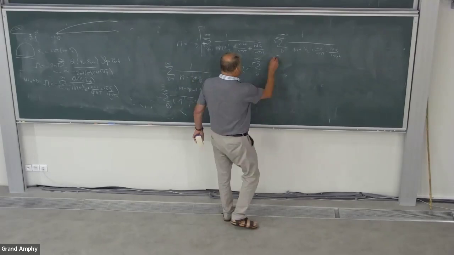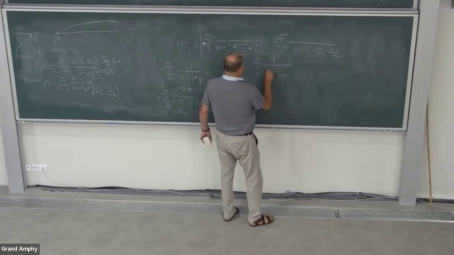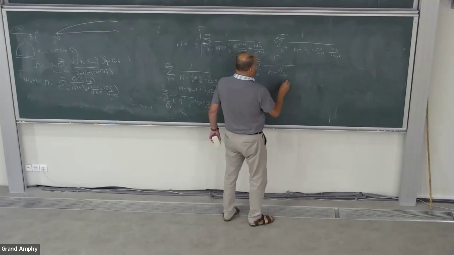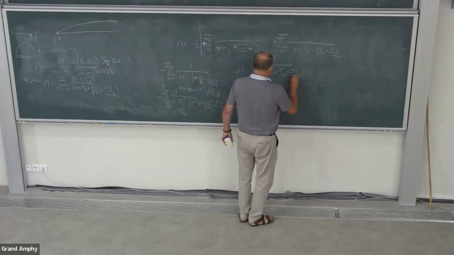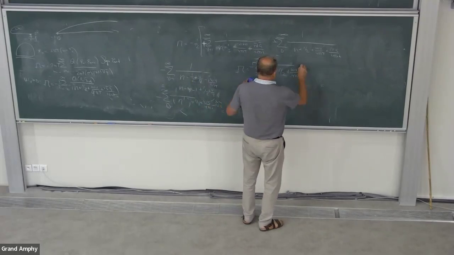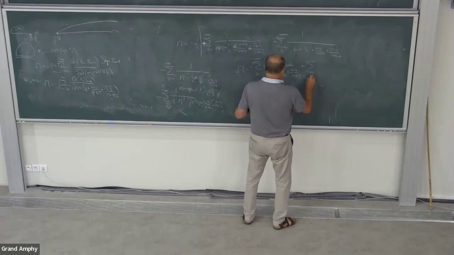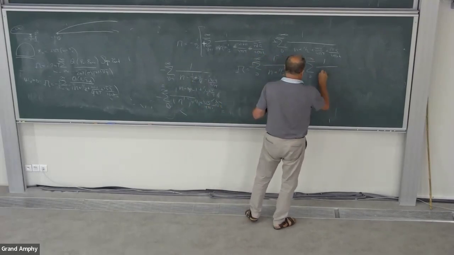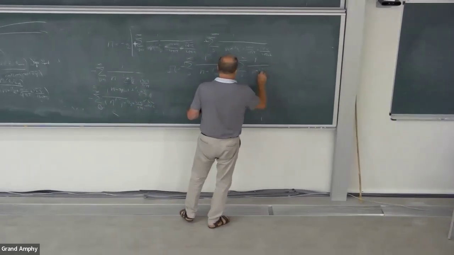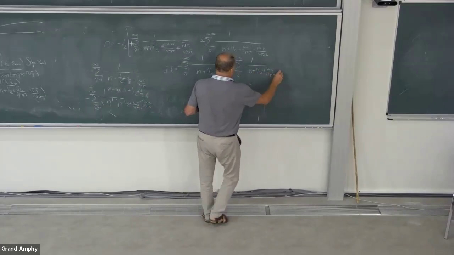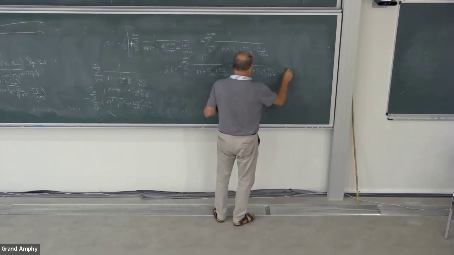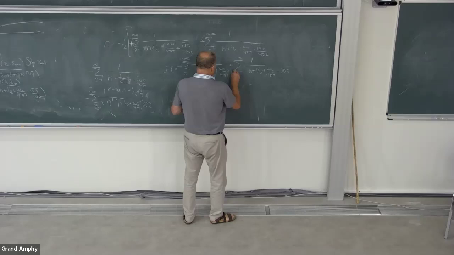So sum 1 over n plus 1 over 2 plus omega nu for pt. Okay, I can write this sum from 0 to infinity 1 over n plus 1 plus omega nu for pt minus evq and here plus. Does not matter.